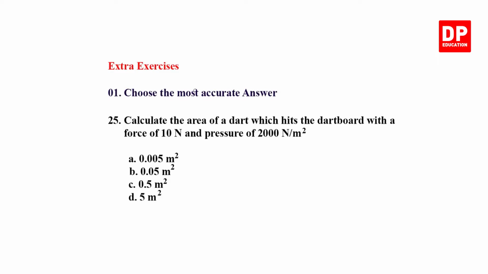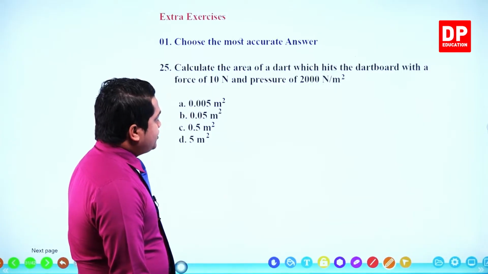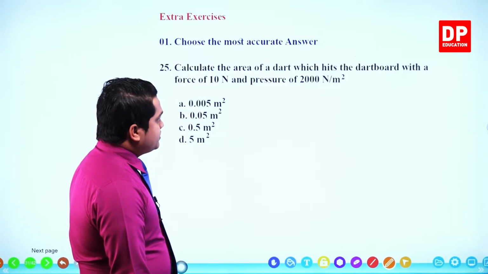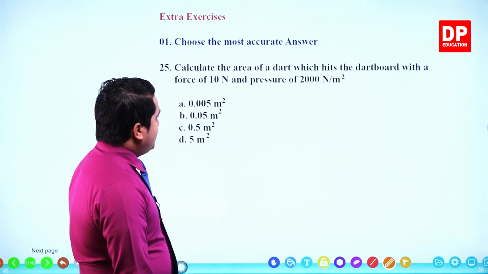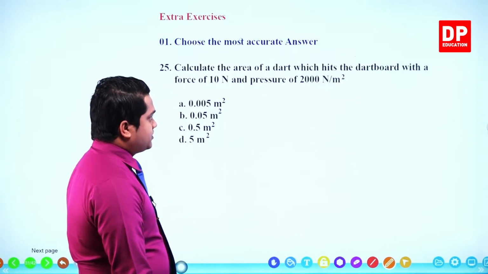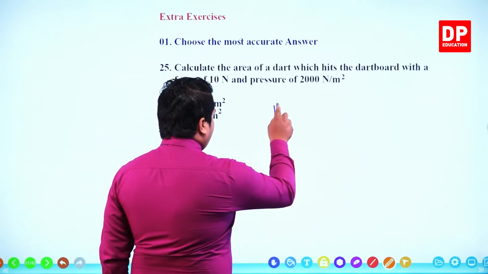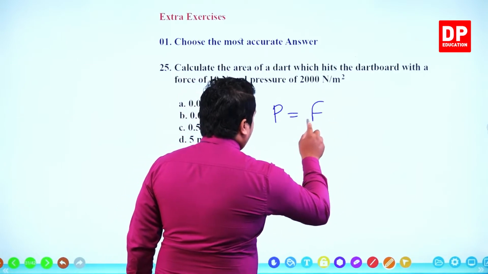Calculate the area of a dart which hits the dartboard with a force of 10 Newton and pressure of 2000 newtons per square meter. Once again P is equal to force upon area.